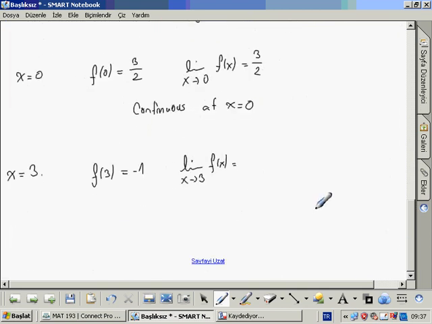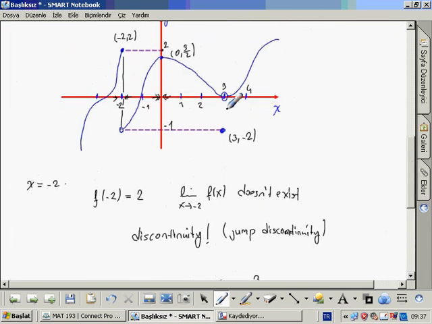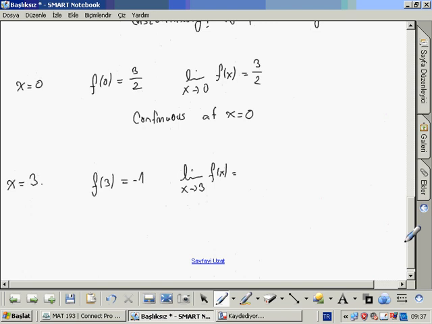And the last one, yes, at the x equals 3 point, okay, when you approach 3 from the left hand side and right hand side, your limit will be 0, but f of 3 equals minus 1, and the function is not continuous.